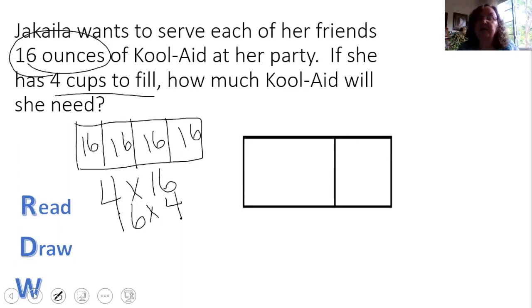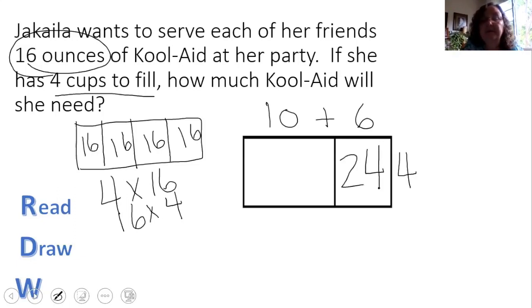Okay, let's use our graphic organizer. So how am I going to break 16 into its place value? I'm going to have 10 plus 6. Wonderful. And I'm multiplying it by 4. Well, 4 times 6 is 24.